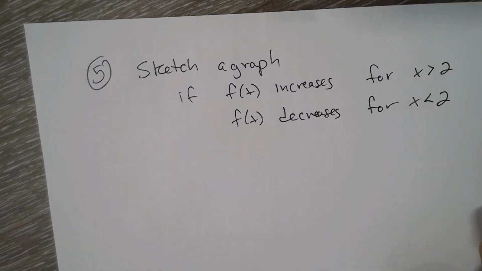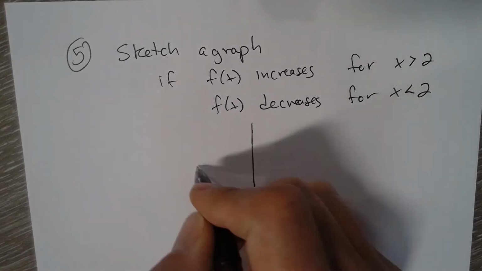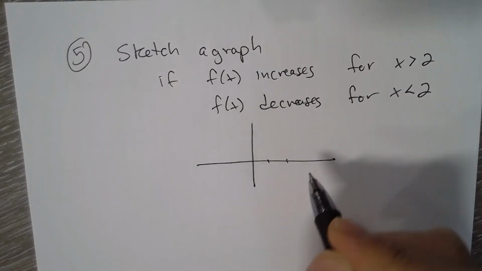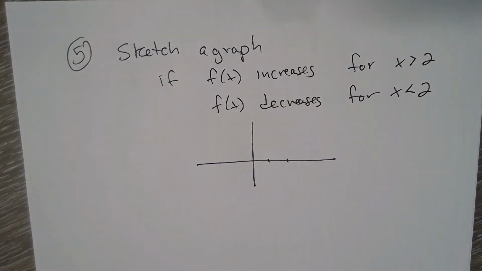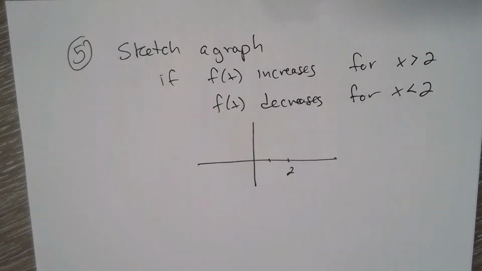See if you can make a sketch that fits that criteria. Start with a graph like this, XY table, and just make sure you show where 2 is. Now make the graph increase after 2 and it decreases before 2.